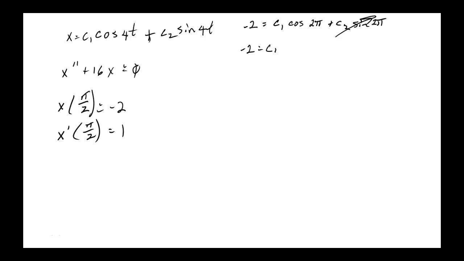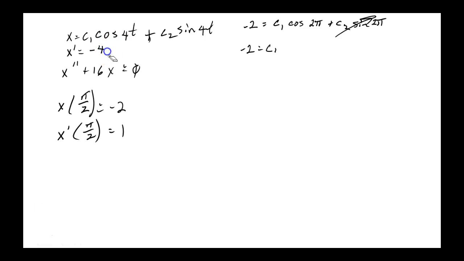Well, that only gives us one of our parameters. So we're going to have to do the second one, which involves taking the derivative of x. X prime, remember what that was? It's not hard to take again if you don't remember. -4 C1, oh, well, we know what C1 is. C1 is -2.